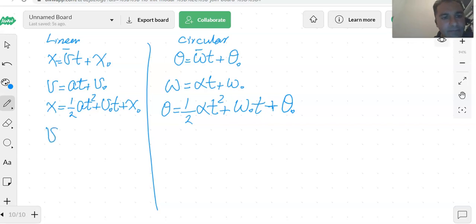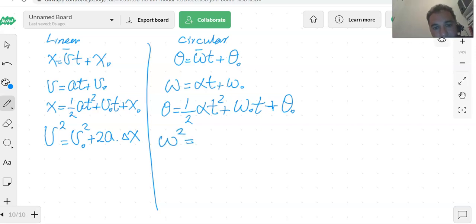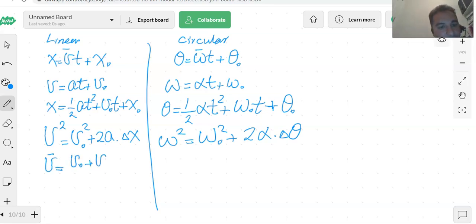As we had v squared equal to v naught squared plus 2a delta x, correct? Here we are going to have omega squared equal to omega naught squared plus 2 alpha delta theta, okay? As here we had v bar is v naught plus v divided by 2.